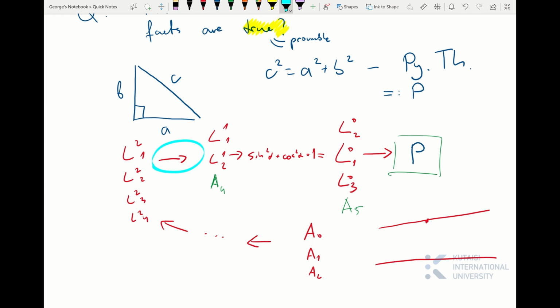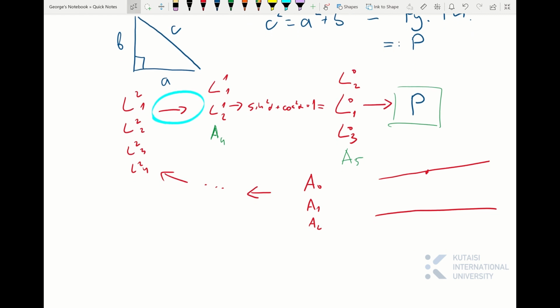So let's say now I have some sentence, let's say an axiom A, and what does it mean that this axiom proves something? I just want to tell you that you also need to specify what this is.